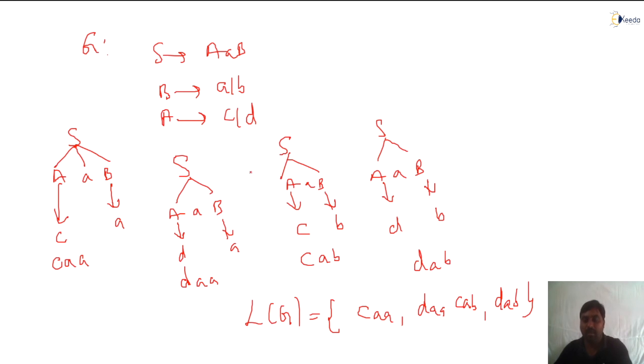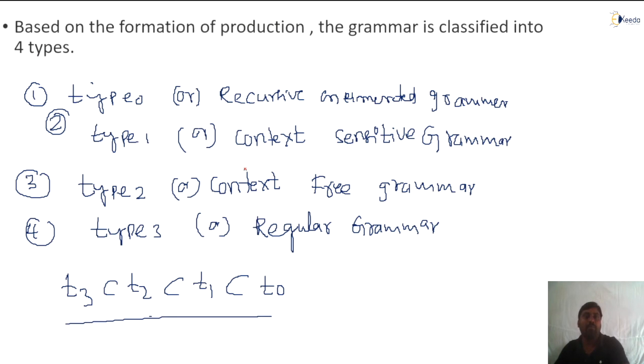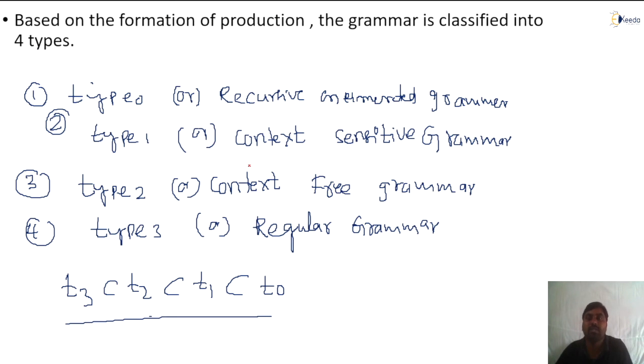Based on the formation of productions, grammar is also classified into four types. Let me write: based on the formation of productions, grammar is classified into four types. First one is type 0, like the type 0 language I told, right? Type 0 grammar, or recursively enumerable grammar.